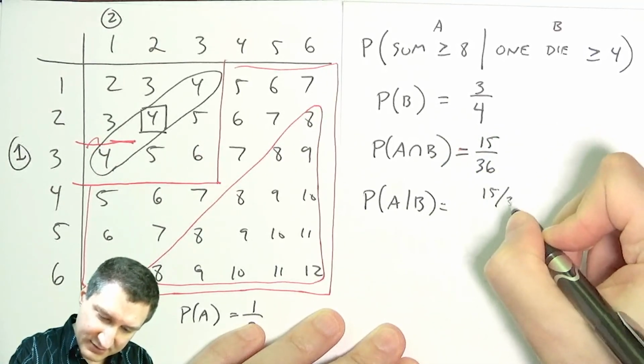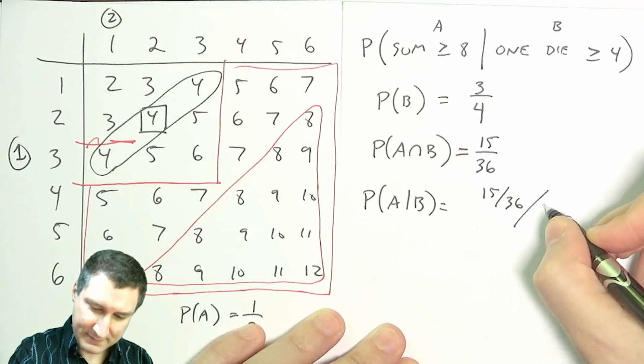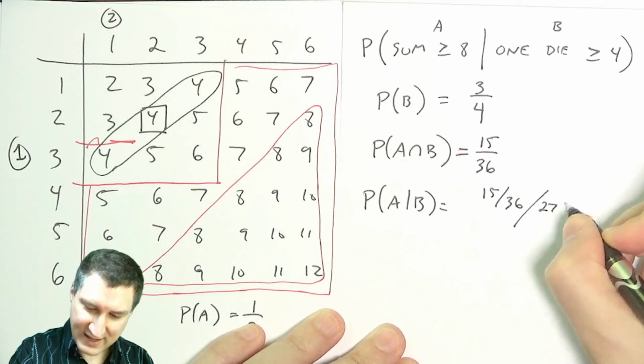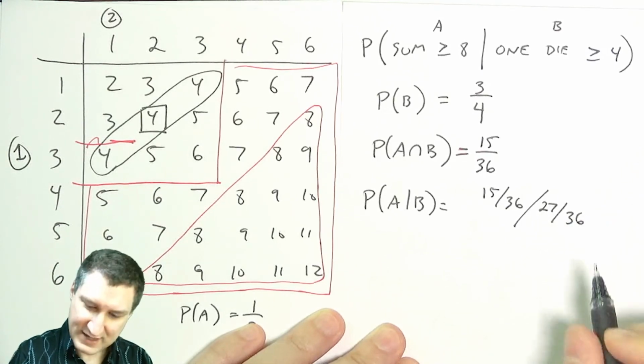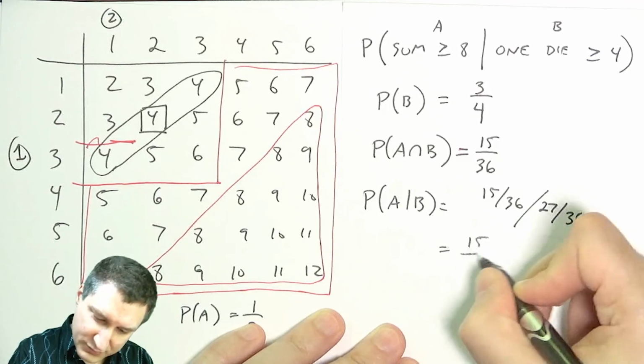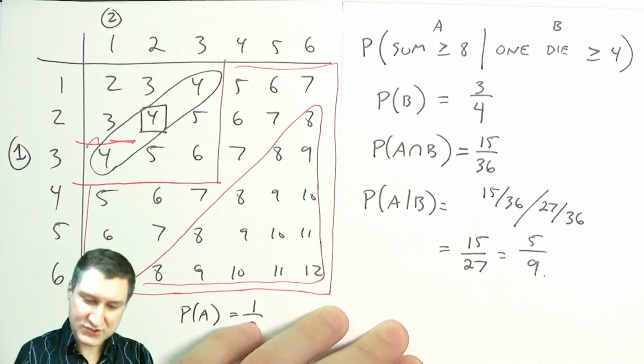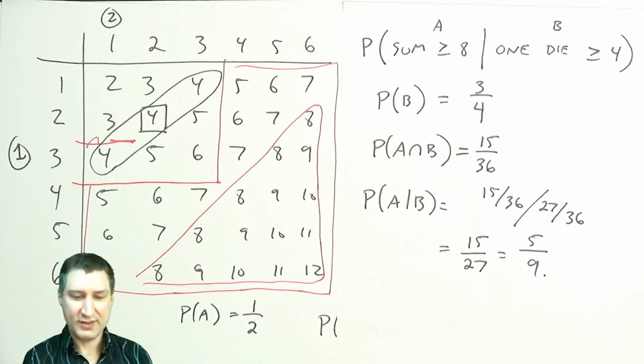It's 15 out of 36 over, and to make my life easier, I'm just going to say there's 27 out of 36 of these outcomes. I just multiplied both top and bottom by 9, and so I get 15 over 27, which is equal to 5 over 9. So I can see that once I know that one of the dice is greater than or equal to 4, it makes the probability that the sum is larger a reasonably large number.